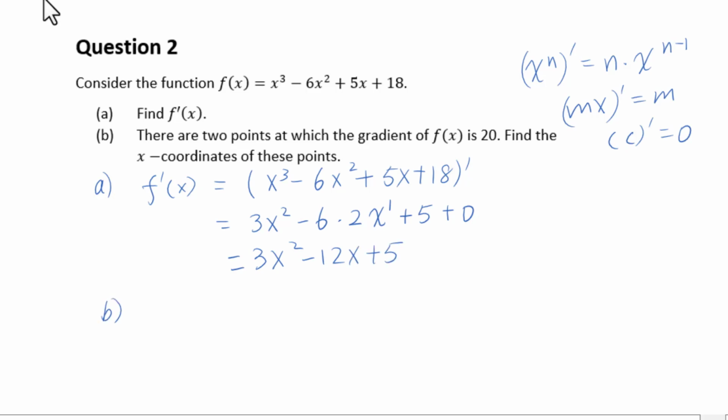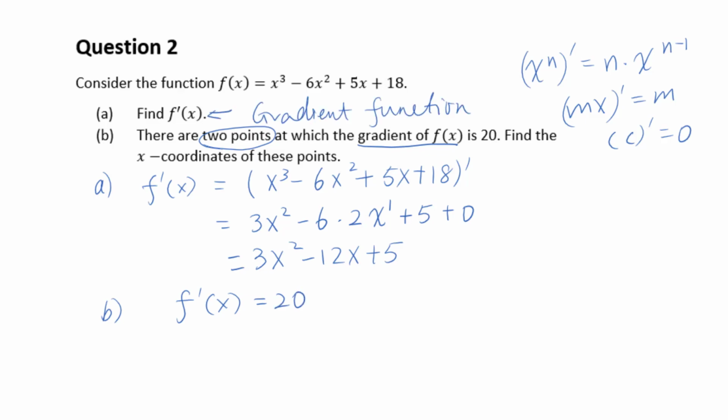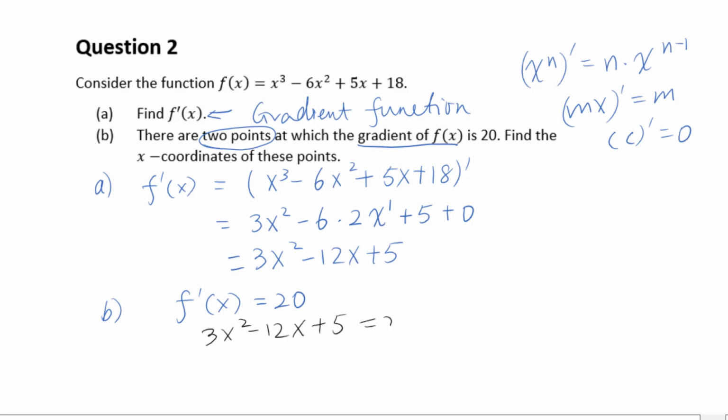For B, there are 2 points at which the gradient of f of x is 20. Find the x coordinates of these points. Gradient of f of x at 2 points is 20, which means f prime of x equals 20, which means 3x squared minus 12x plus 5 equals 20.